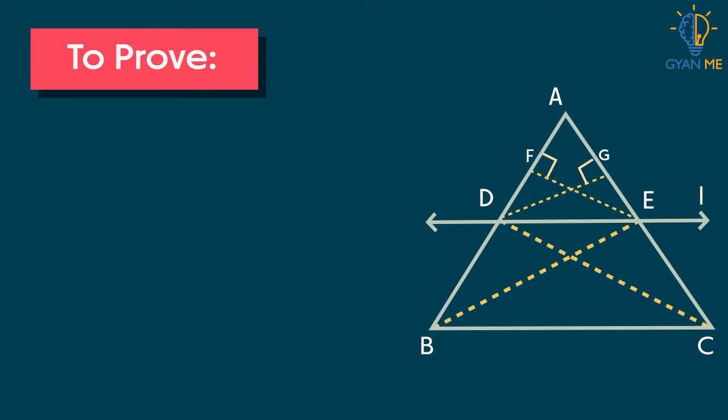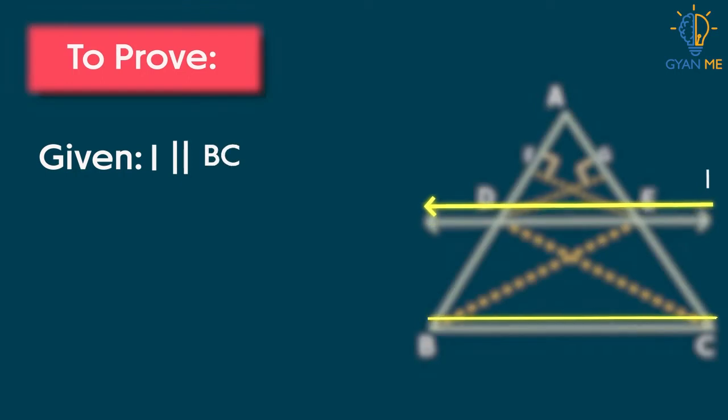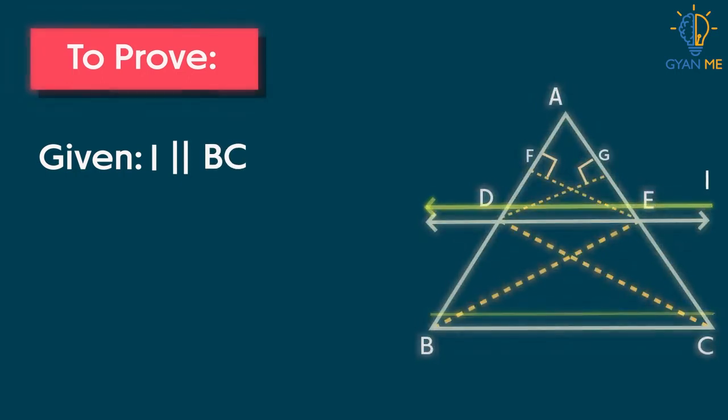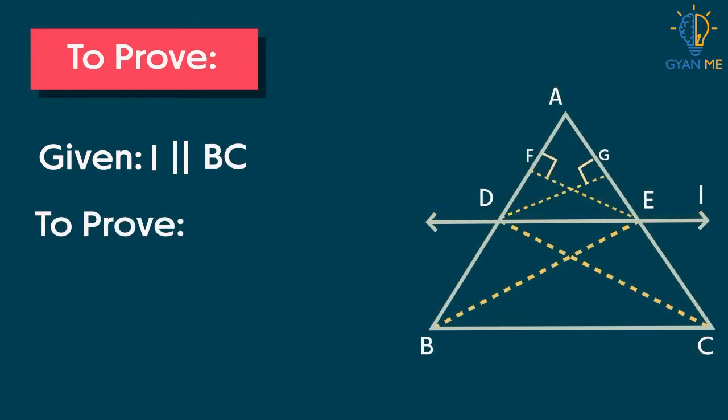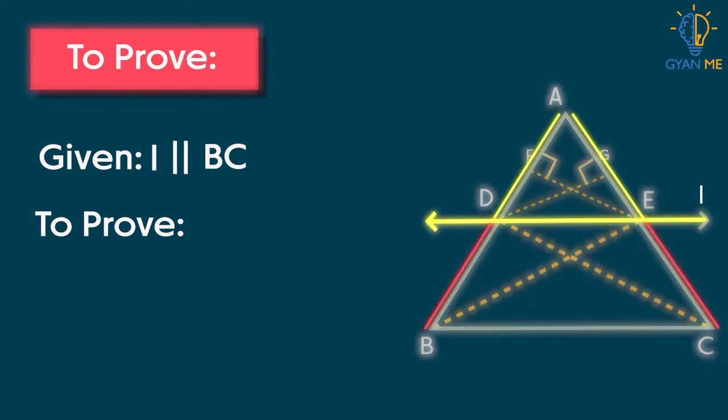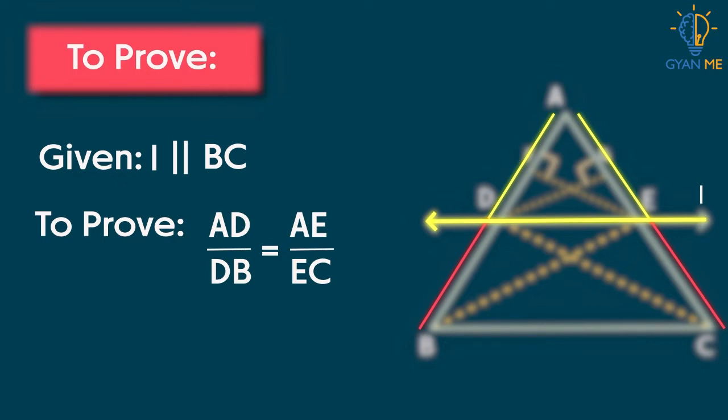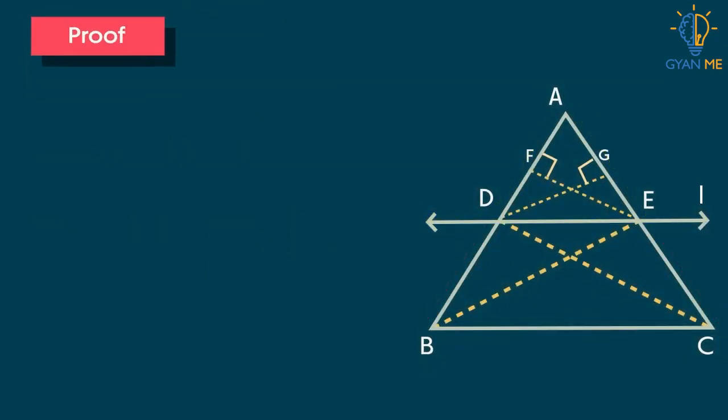Students, here we are given a triangle and a line which is parallel to one of its sides. And we are asked to prove that the two other sides where this line intersects are divided in equal ratio. So let's see the proof. Observe the figure formed after doing the construction.